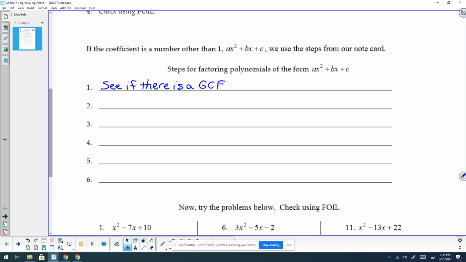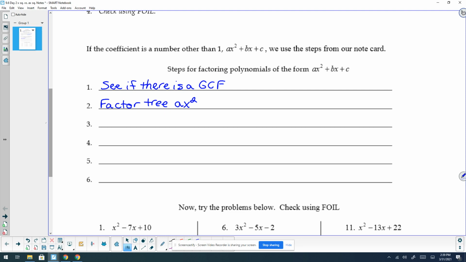Because I have a number in front, it is possible for me to have a GCF, so we want to check and see if there's a GCF. After we have checked, we are going to factor tree our ax squared term. So that very first term, we're going to get a factor tree of that.